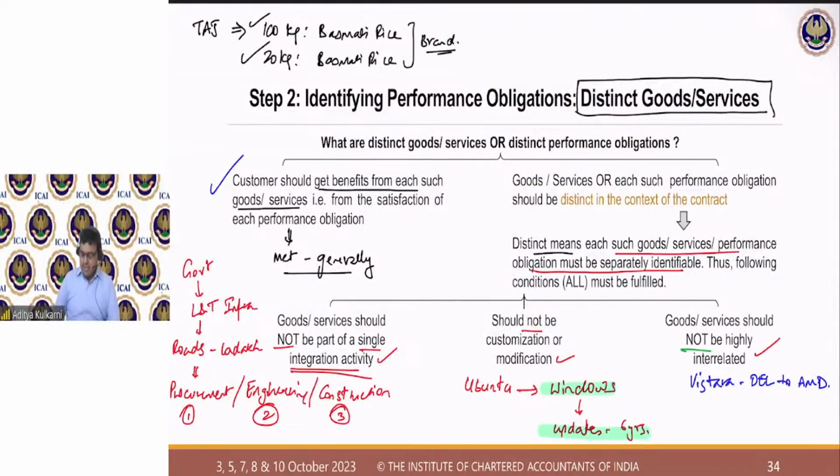Just take a screenshot of this particular slide, and that will be the ground for doing those 10 questions which I have just now marked for you. Okay, all right, done. Taken the screenshot.